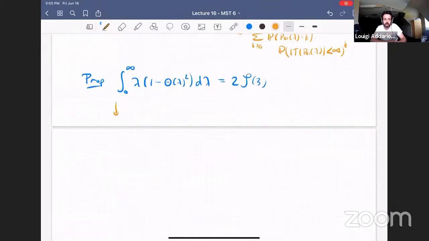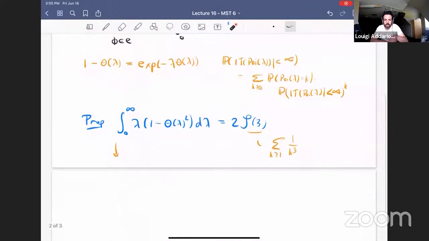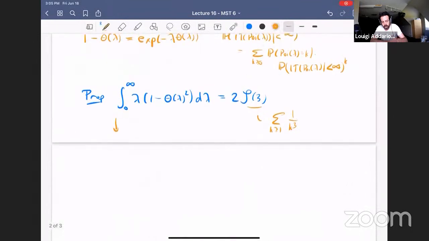It's a little bit surprising. I mean, this is a relatively concrete formula, right? Here we have the sum of 1 over k cubed for k at least 1, whereas this theta was defined via this implicit identity, so it's maybe a little bit surprising that we can get something so clean out, but with a couple of integration by parts and a change of variables, the calculation doesn't end up being too bad.